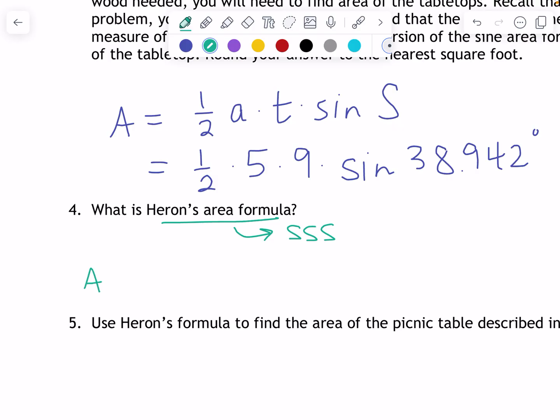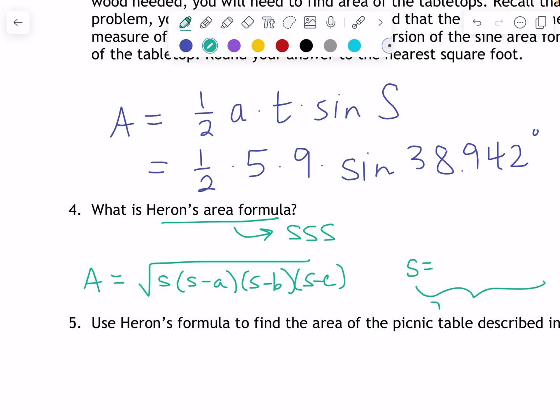Heron's formula says we're going to take the square root of S times S minus A times S minus B times S minus C. And S is this weird thing which is called the semi-perimeter.